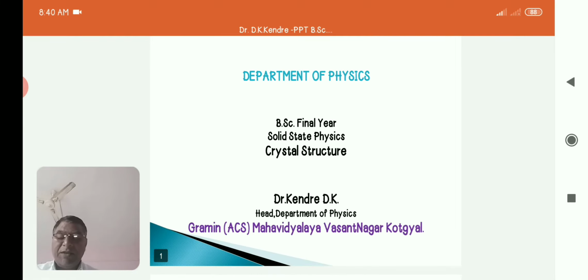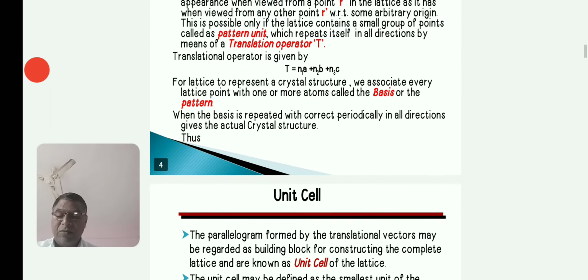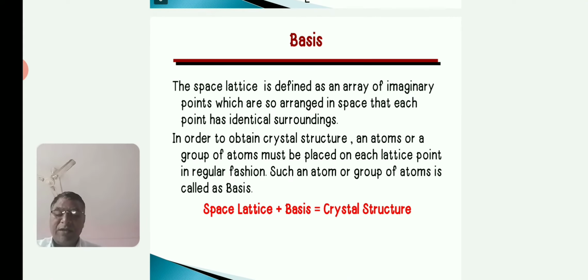The space lattice has been defined as an array of imaginary points which are so arranged in space that each point has identical surroundings, called a space lattice or point lattice.